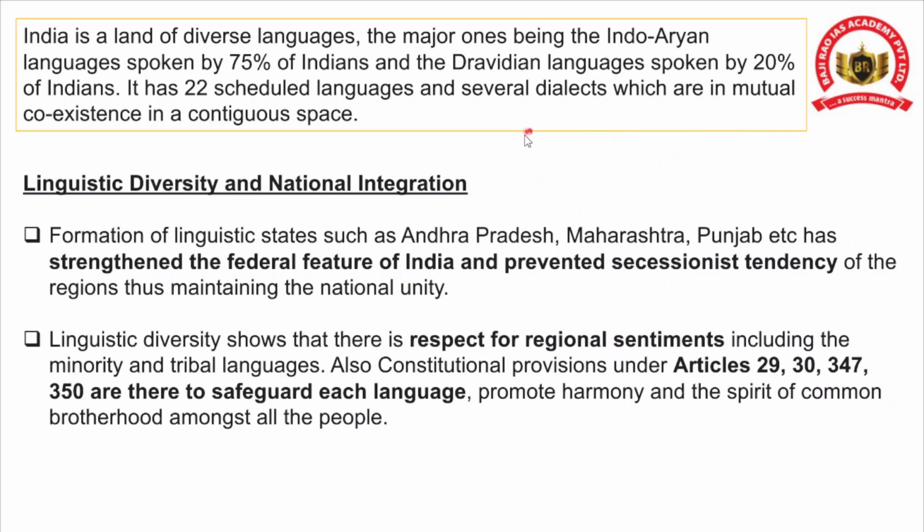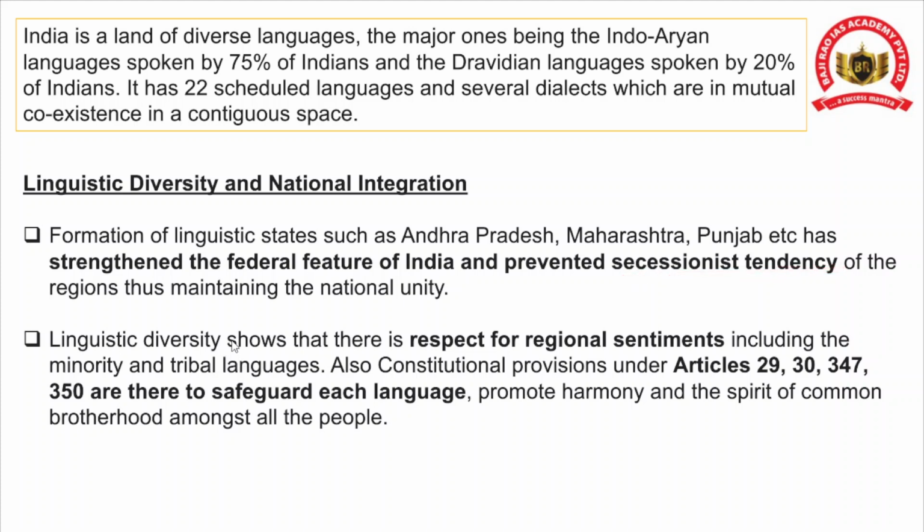So if we do not consider a separate state for the Andhra region, then that could definitely lead to secessionist tendencies. If a feeling of deprivation and isolation develops among the people of a particular region, that could lead to secessionist tendencies.